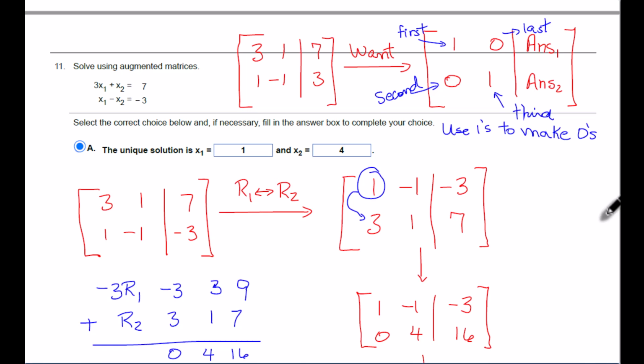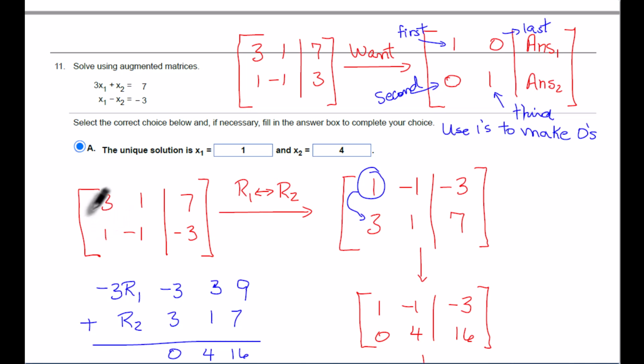The other thing that's important is we usually want to use 1s to make 0s. To make 1s, we multiply or divide by something.